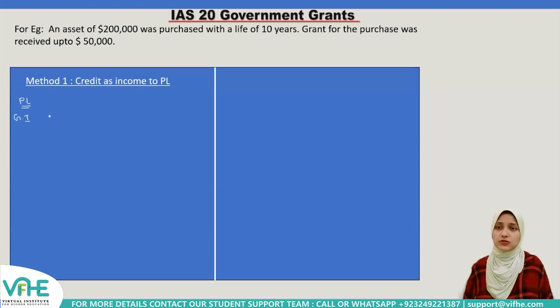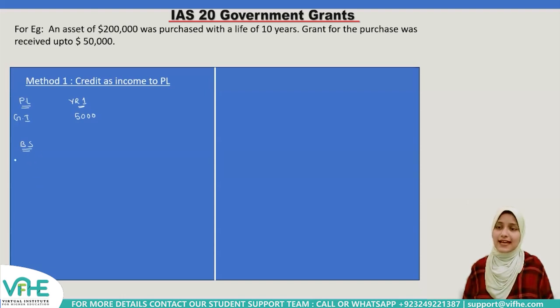So for grant income, if you receive 50,000, then 50,000 by 10, which is 5,000, is what you deserve in the first year. So in year 1, you would record at least 5,000 of grant income. In parallel, what would you have at the end of year 1 in your balance sheet?